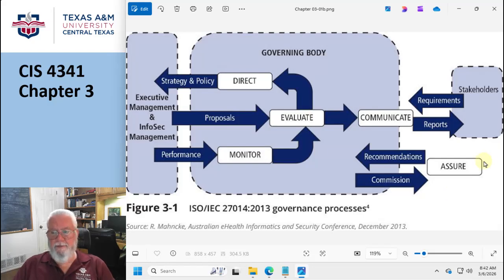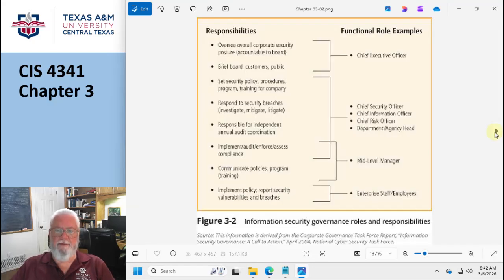So here's the governance responsibilities. Now, this is very similar to the one we just saw from the Texas A&M University system. So overall corporate security and briefing the board, and here's where those people fit in. There's some overlaps. So the CEO is supposed to do the overall thing.